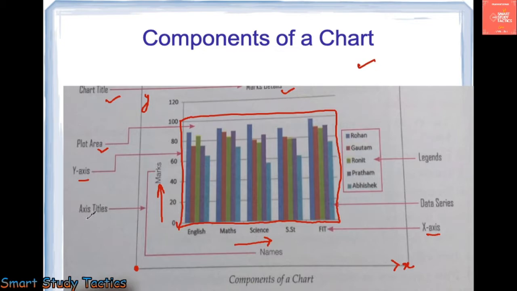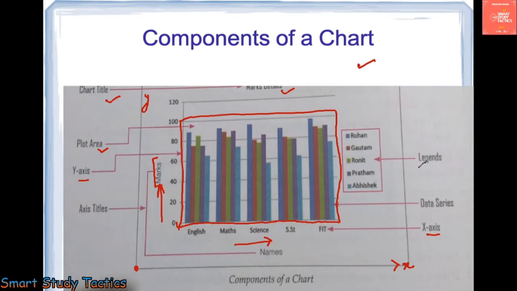Now, axis titles. Let's suppose you are representing the marks, so this is the x title. Legends show what the categories are, how many students, how many values you are representing here. As you can see, 1 color, 2 color, 3 color, 4 and 5 color. So 5 colors in each block: you can see English 5 colors, math 5 colors, science 5 colors. These 5 colors belong to Rohan, Gautam, Rohit, Ronit, Pratham and Abhishek.